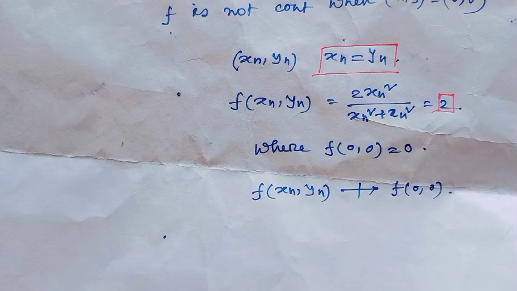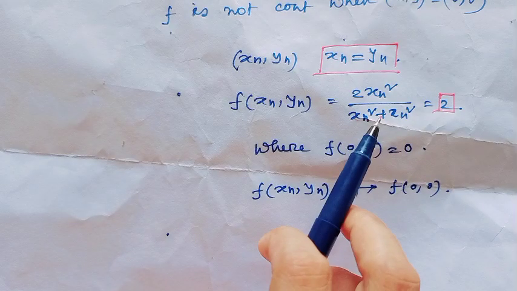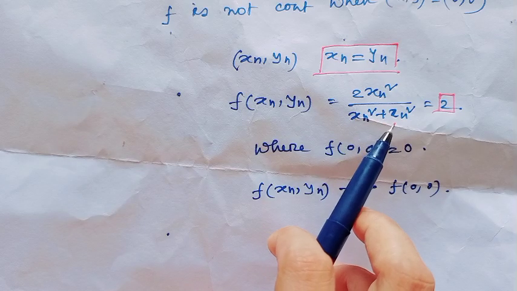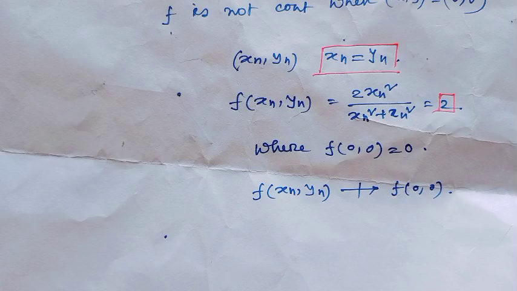Sequentially, this definition would be of such type. Consider a sequence (xn, yn) such that xn equals yn. Then f of (xn, yn) would be 2xn square over xn square plus xn square, and this value would be 2, but f of (0, 0) equals 0.